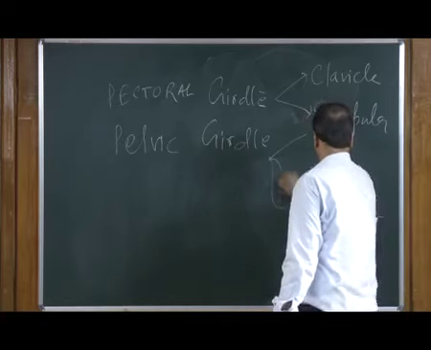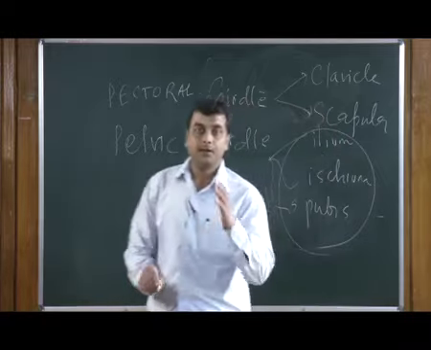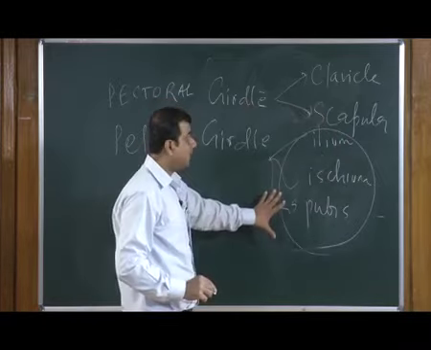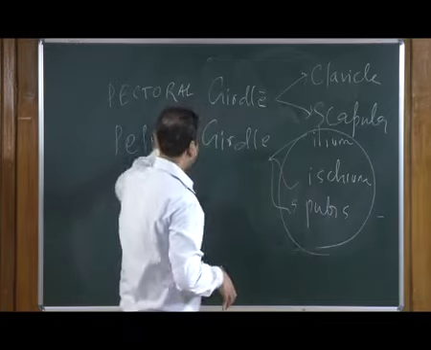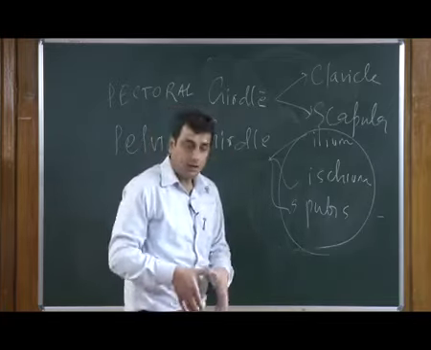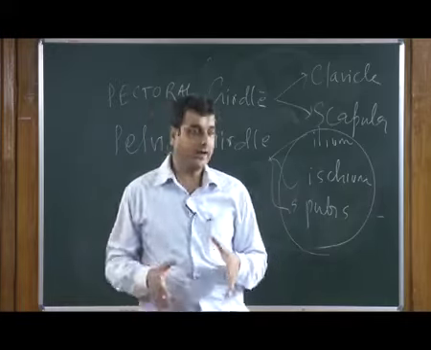So these are the 3 bony structures there in the lower part of the body, making the pelvic girdle giving attachment to the lower limb, the limb area actually.